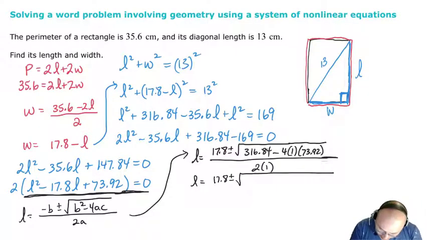And so we get L is equal to 17.8 plus or minus 4.6, all divided by 2.